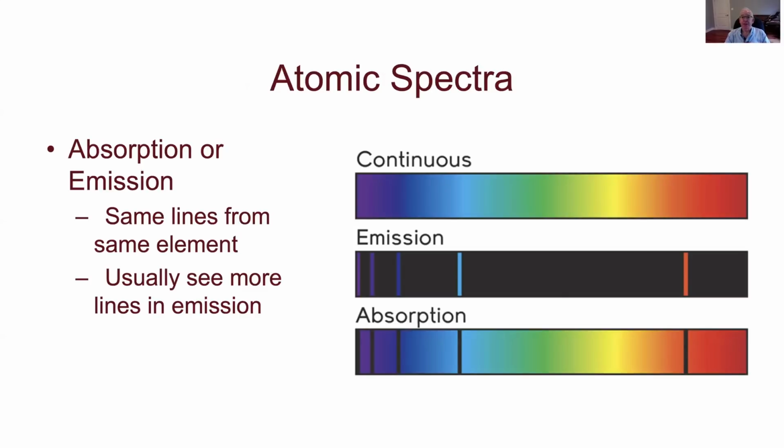This is, again, what would happen if I did this as absorption or emission, okay? And the reason why the pictures I showed you in the demonstration I would have been doing if we were in a normal classroom is emission, is frankly because it's a lot easier to see the different colors there, right? If I take the continuous spectrum, the emission spectrum says almost the entire continuous spectrum is missing. That means basically it's a dark background, and you just see the few colors that are there, okay?